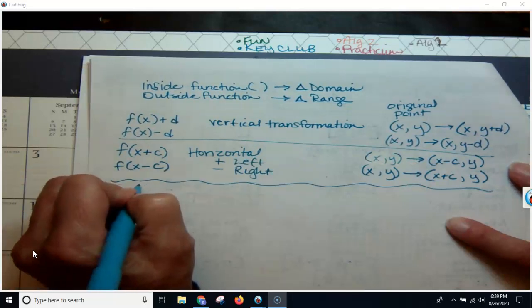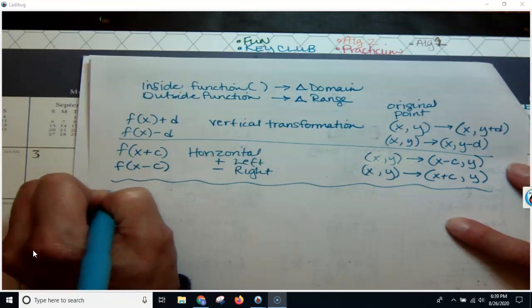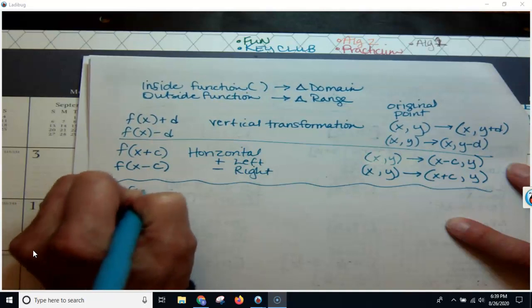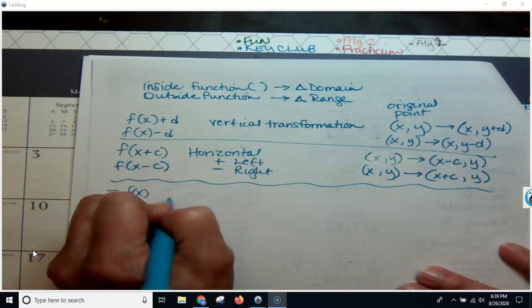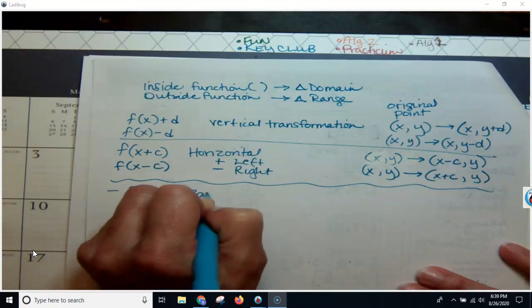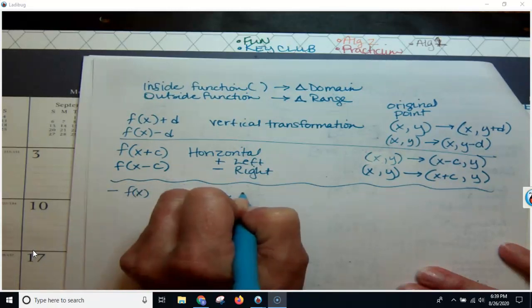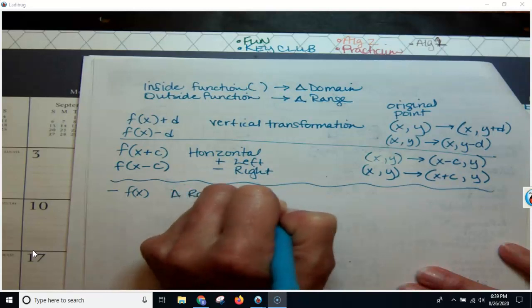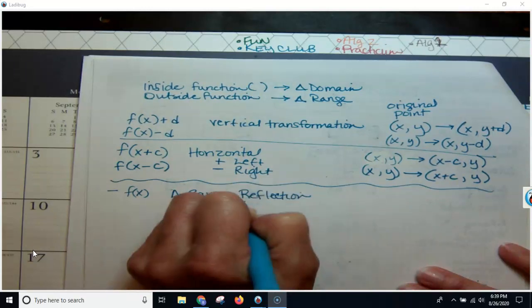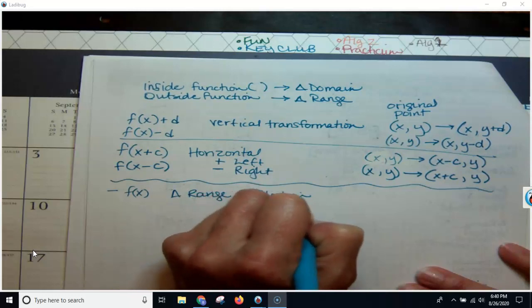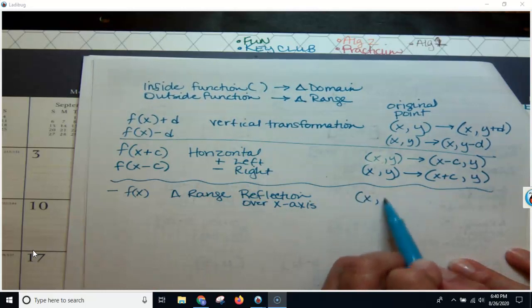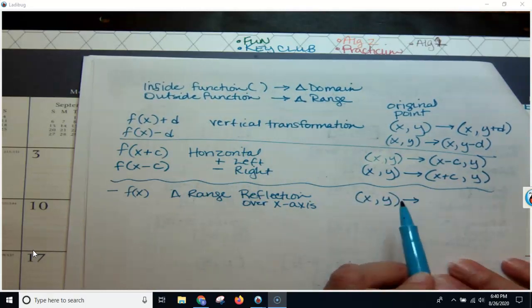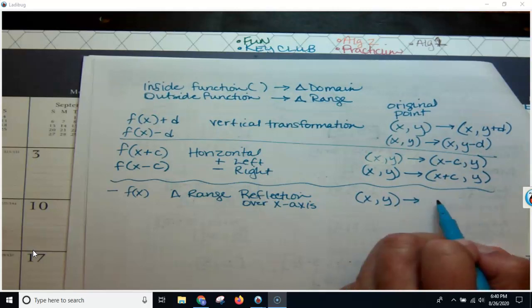Now if we do a reflection, the negative f of x, now keep in mind that's outside, this is going to be a change in your range. This is a reflection over the x-axis. And so your x, y, basically your y is going to become negative.